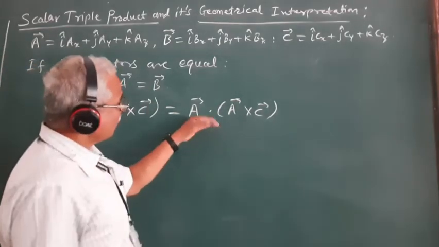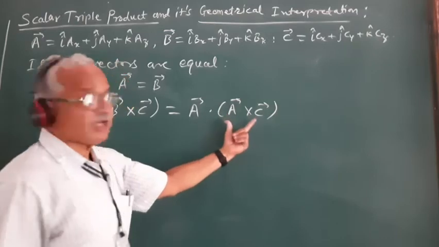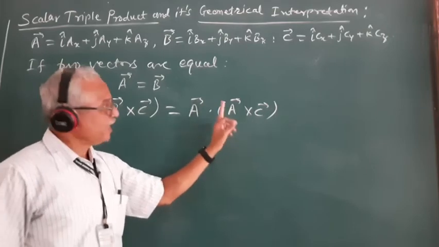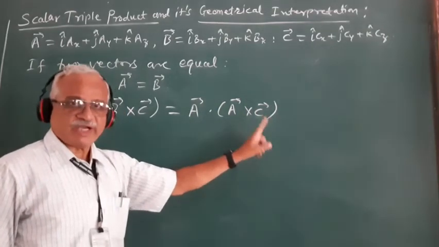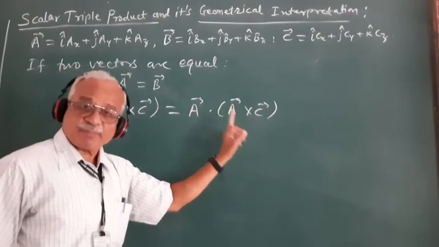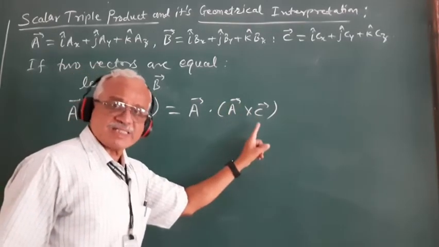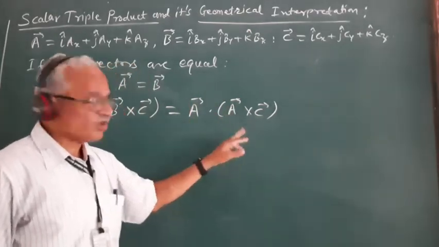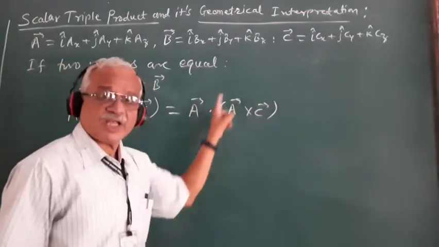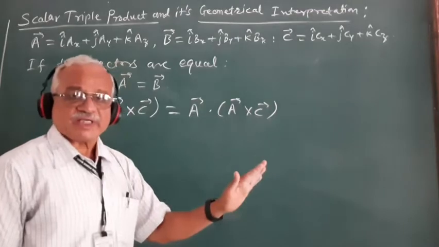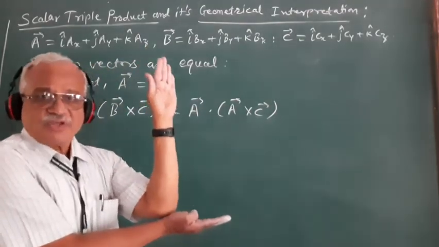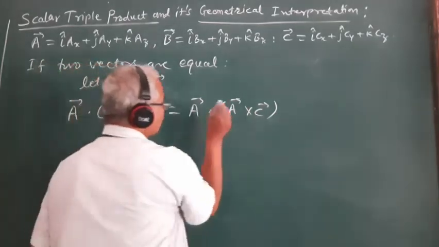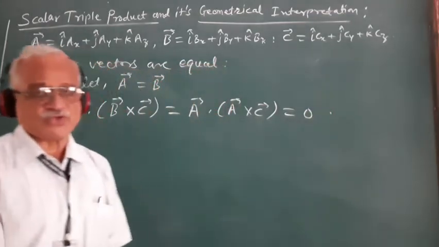Now if we evaluate this dot product, the vector A bar cross C bar will be perpendicular to the plane of A bar and C bar, such that if we take the dot product of A bar with this vector A bar cross C bar, these two vectors are once again perpendicular to each other, and their dot product will work out to be equal to 0.